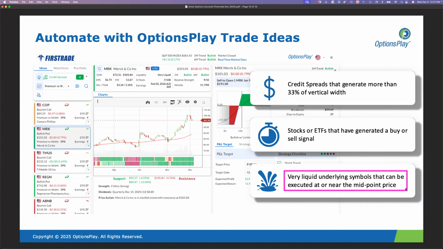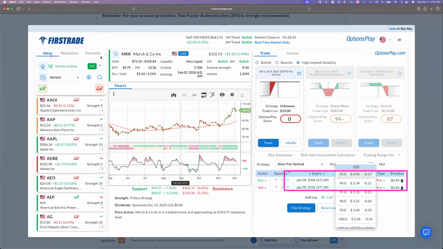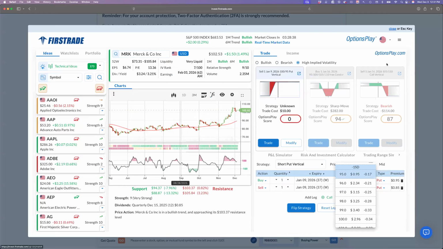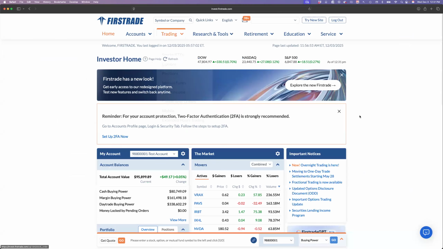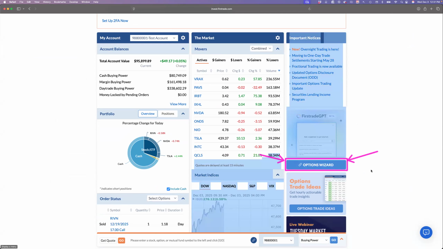It's all already done for you, and you can look up these opportunities on your First Trade platform. So just to show you how to access the OptionsPlay tool, when you go to your homepage on First Trade and scroll down, there is a button called Options Wizard. That's how you can access the OptionsPlay tool inside of First Trade.